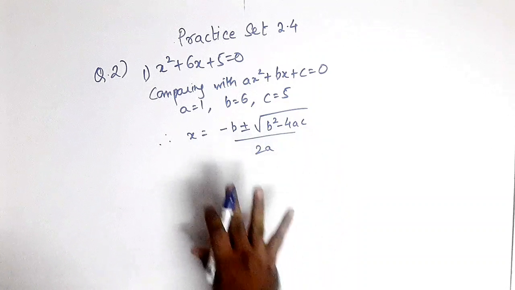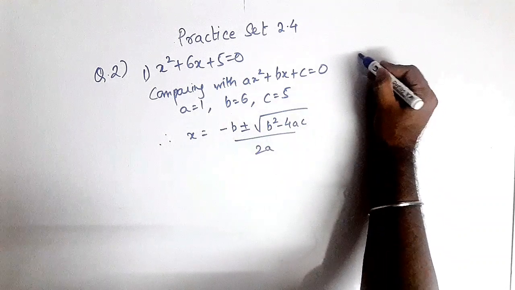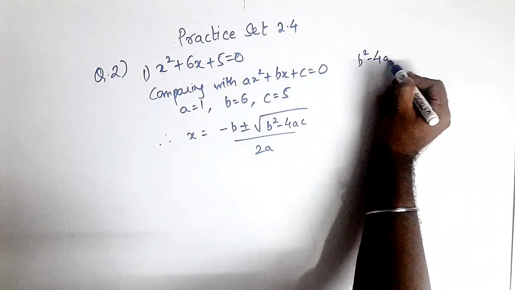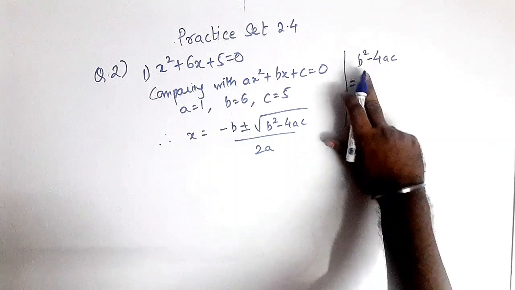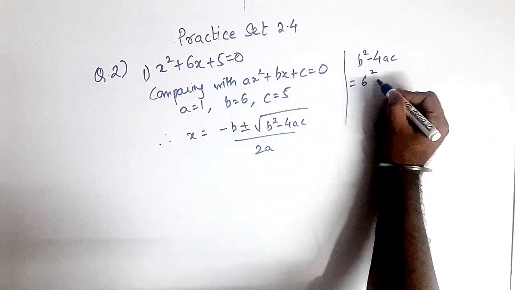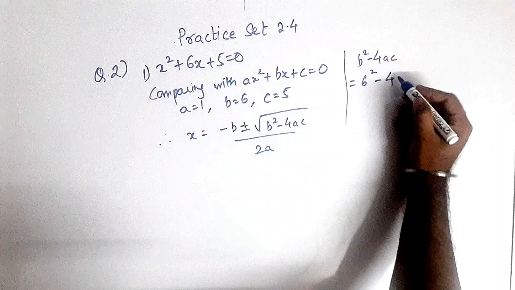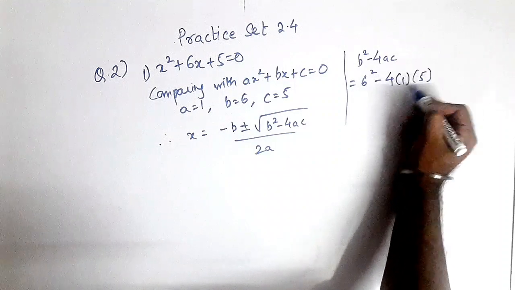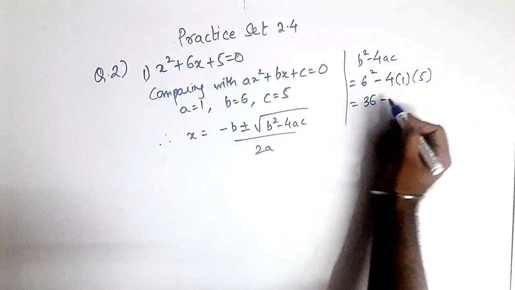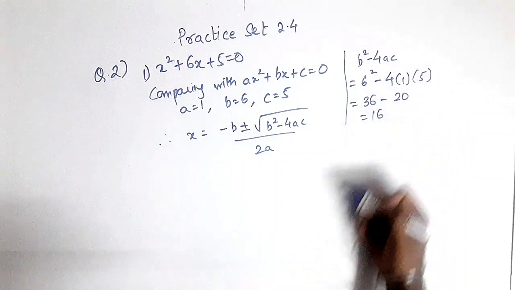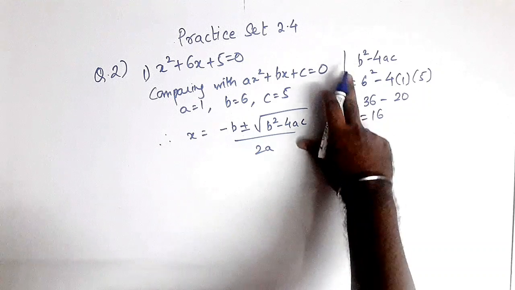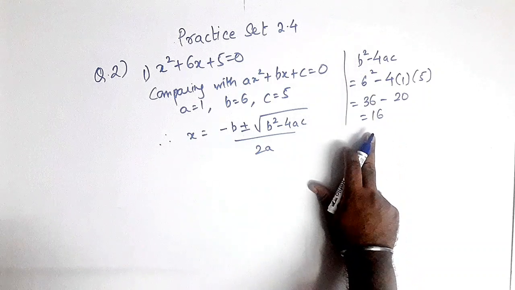You will write the formula, and at the same time you will calculate separately what is b square minus 4ac. So I'm writing here b square, 6 square, minus 4 times a which is 1, and c which is 5. This is 36 minus 4 fives are 20, 20 ones are 20, so it is 16. We got b square minus 4ac is 16.